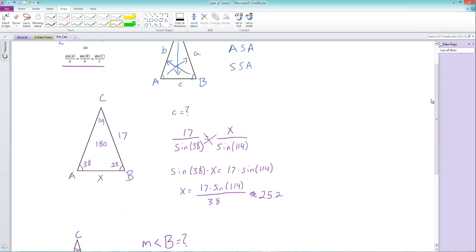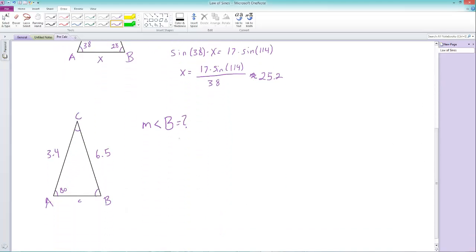So once again, that was the sine of angle A over side a is equal to the sine of angle B over side b.